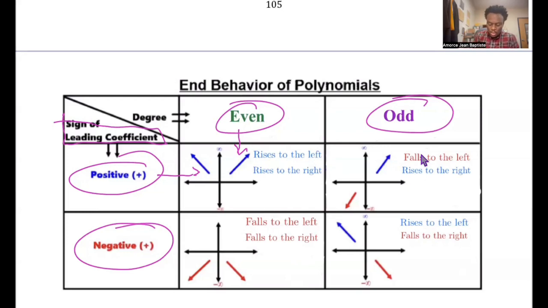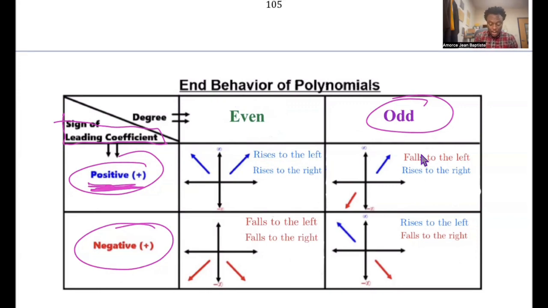So that's why, if the leading coefficient is positive and the degree is even, both sides rise. It rises on the left and rises on the right. Now let's see if you have a positive leading coefficient and an odd degree.